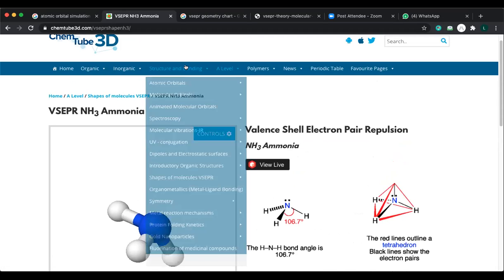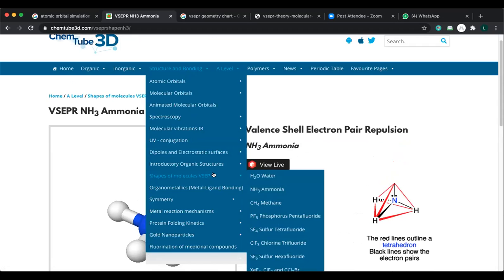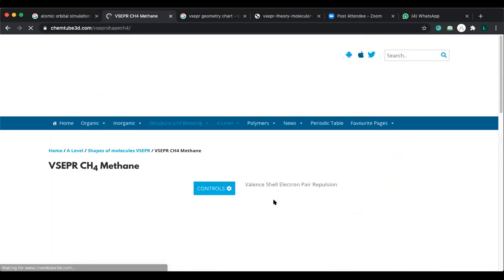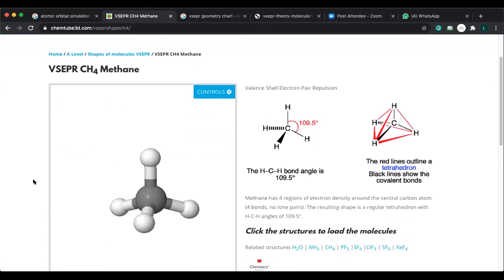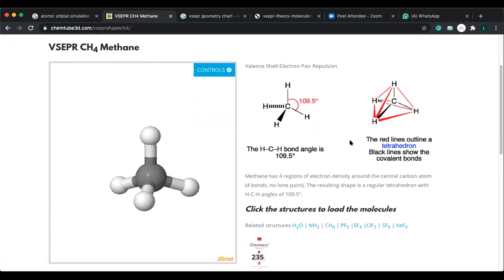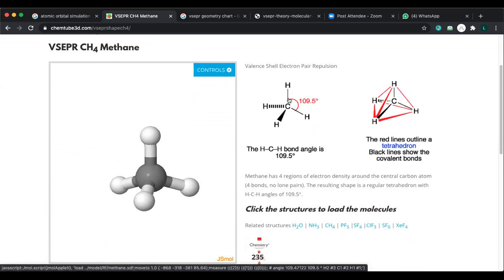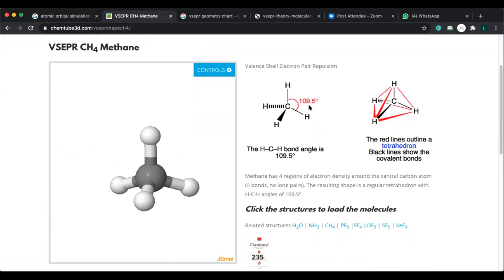Then what else can we discuss? Methane. This is another molecule with four pairs of electrons around the central atom, but all four of them are bond pairs. So it is a perfect tetrahedron, and because all four are equivalent bond pairs, the bond angle is 109.5 degrees.